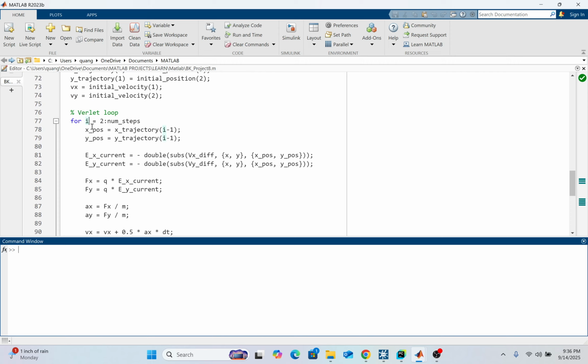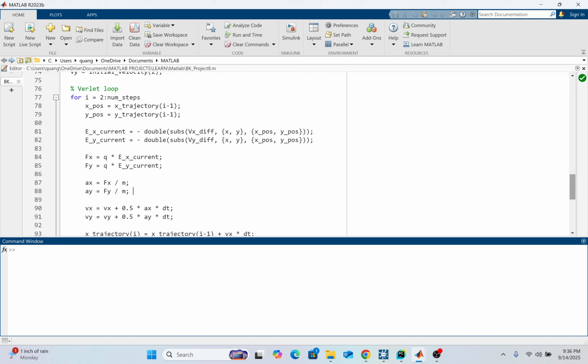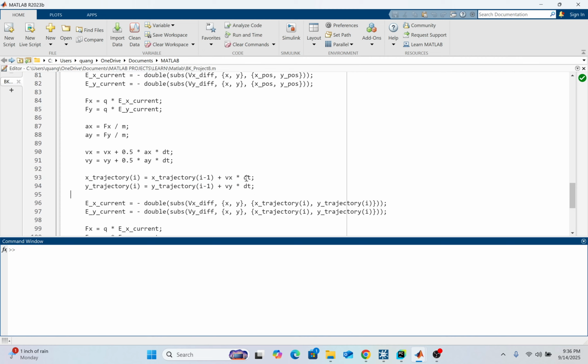For i, I loop up to the number of steps that I want, and I input the x and y values, then I use these values to calculate the force, and I will have the acceleration, and then the velocity. I use the velocity to update my x and y, so x equals x i minus 1 plus vx multiplied by dt.